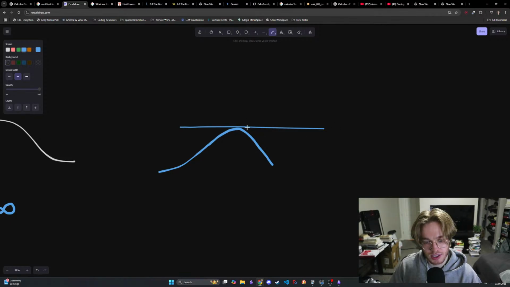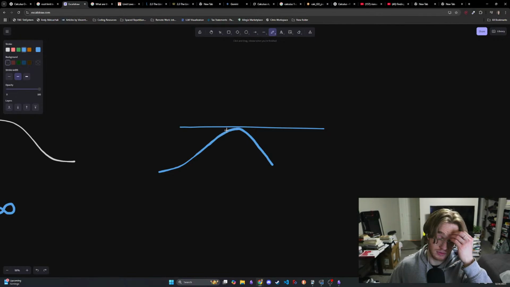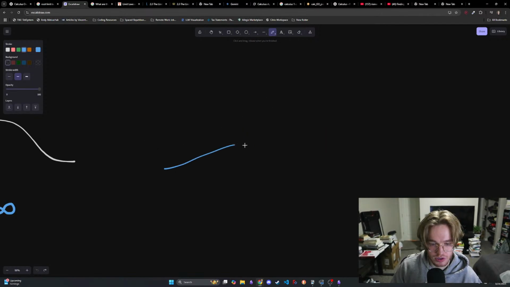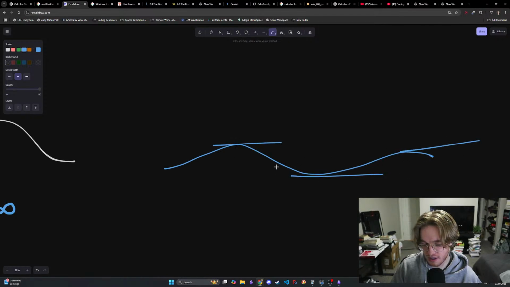And so in this situation where our function's really nice, like a nice little bell curve, it's clear when it's at its highest point, right? But say we're going like that. At each of these points, it's going to be 0 slope, if we take the instantaneous.